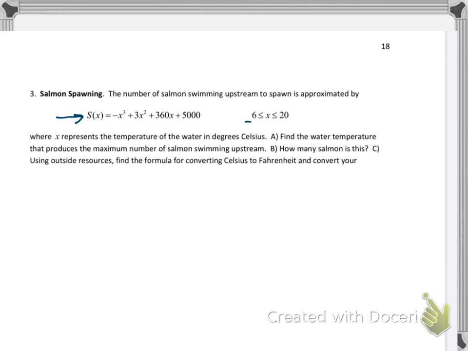So you have a domain restriction for temperature. That should make sense to you. Clearly the water is not going to be either freezing cold, or frozen for that matter, or boiling hot. So you're going to have a limit as to what your temperatures can be. That limit is the domain.